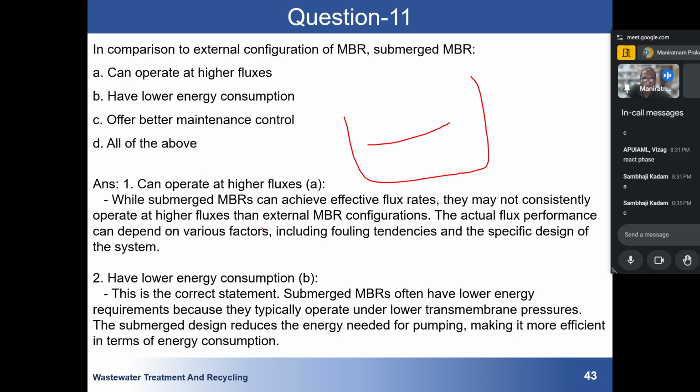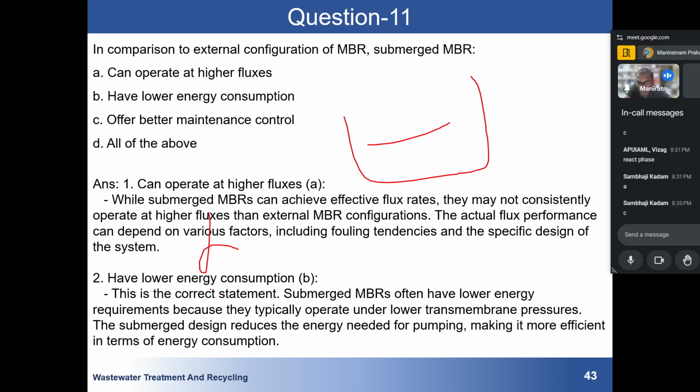Remember, a huge loading coming in is not good for our membrane. It's not a good option to always provide a huge amount of wastewater to our MBR, so this statement is kind of incorrect.